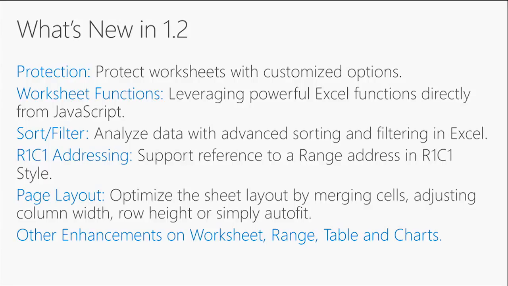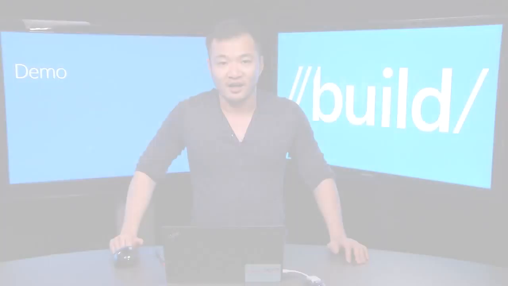We are also adding APIs for developers to better manage the layout of a spreadsheet. With 1.2, you can merge cells, adjust row height and column width, and simply choose autofit and let Excel do the magic. Last but not least, we are now bringing lots of other enhancements to range, chart, and table based on feedback we have received from you guys.